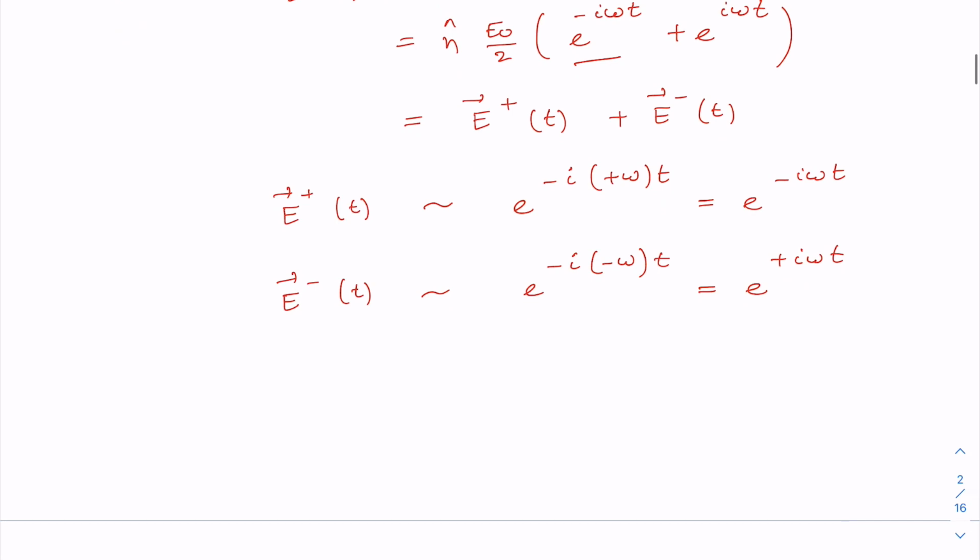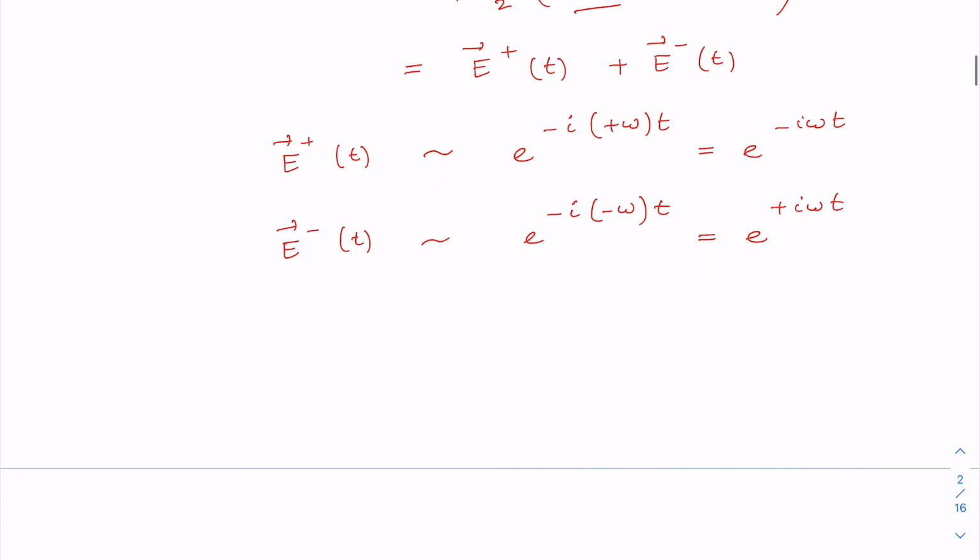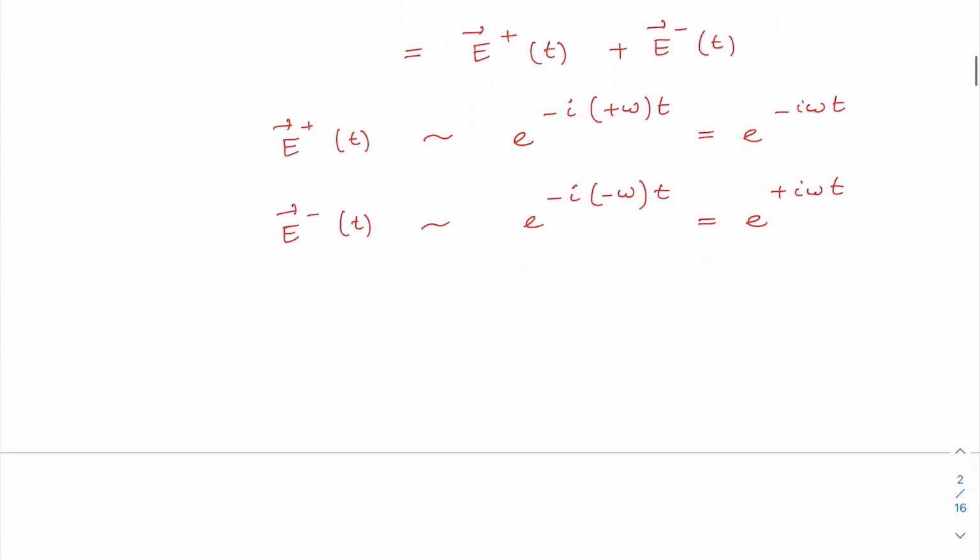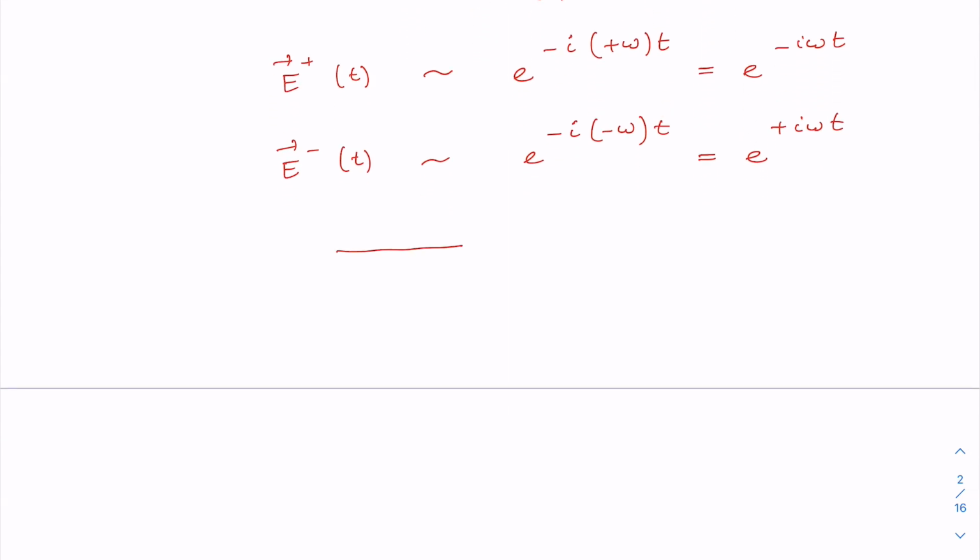The atom, which is modeled as a two-level system, has atomic transition frequency ω0. Say the ground state has energy 0, then the excited state will have energy ħω0. The ground state is labeled as |g> and this is labeled as |e>.